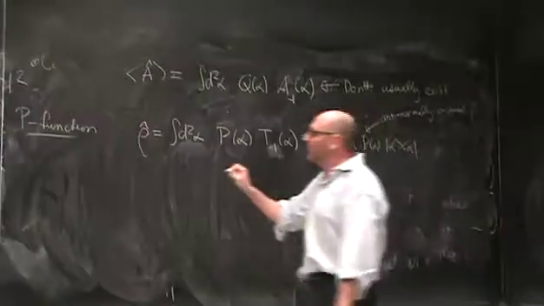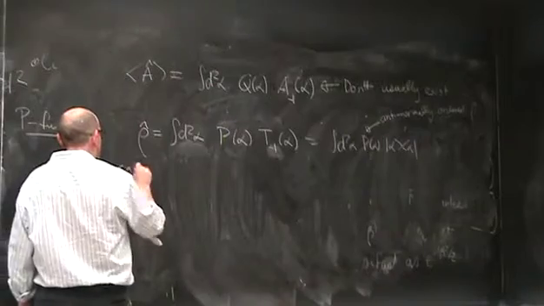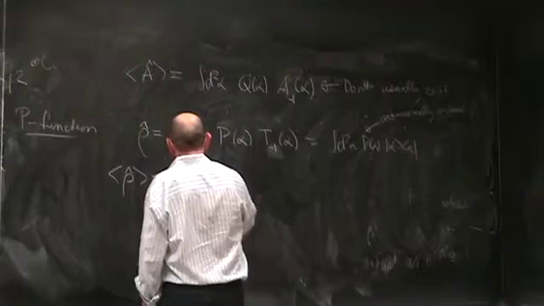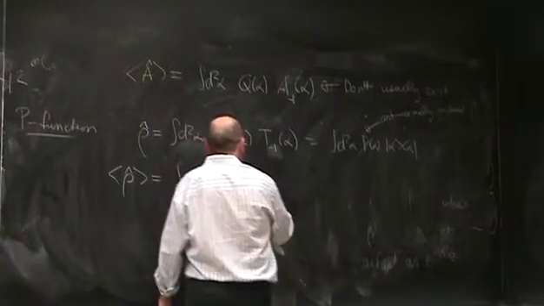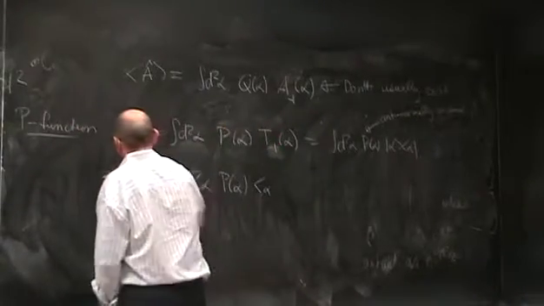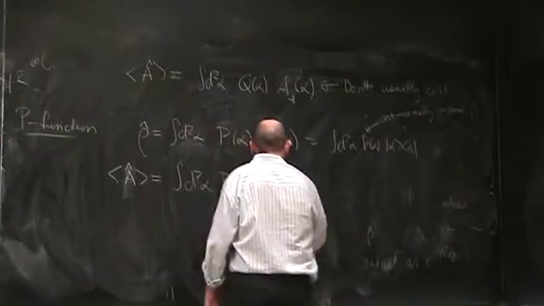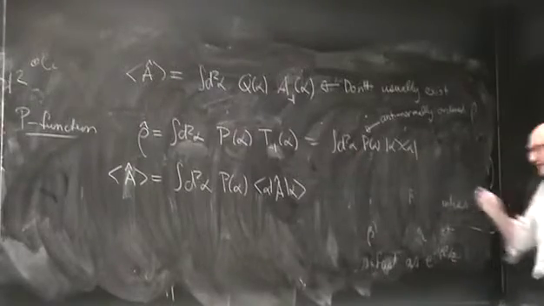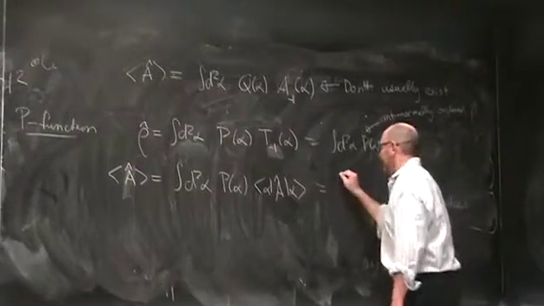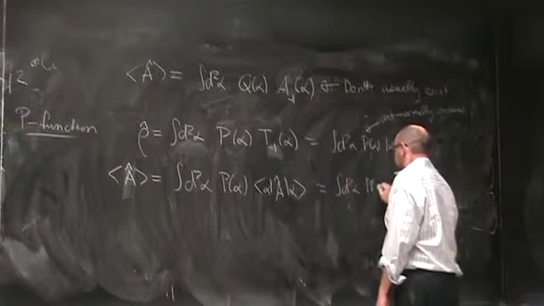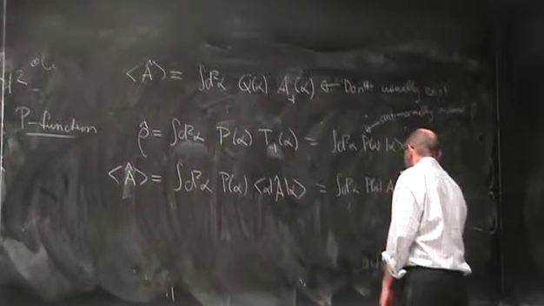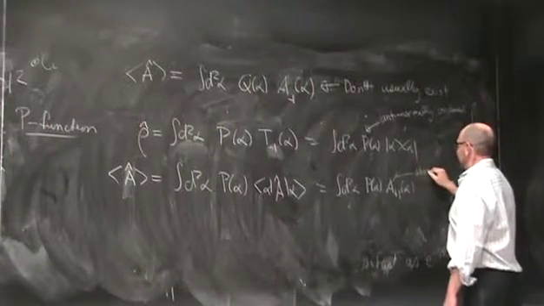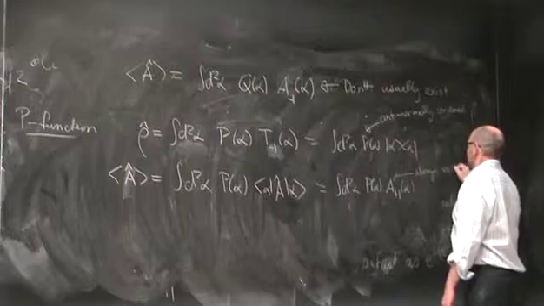And moreover, what we see here is that the expected value of the observable A is equal to the phase space average of the normally ordered representation of A, which always exists and is well behaved.